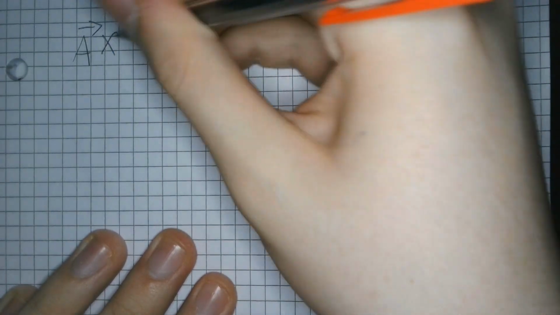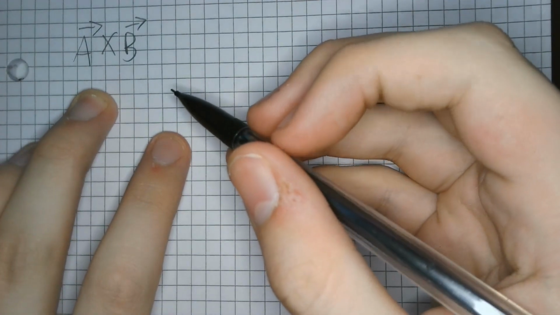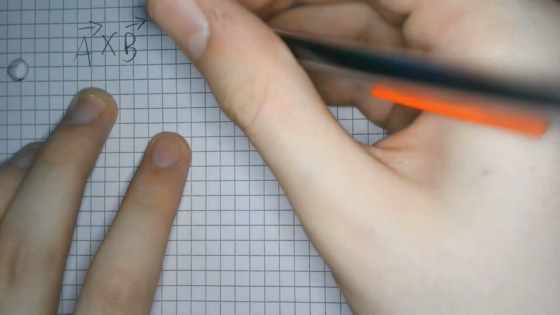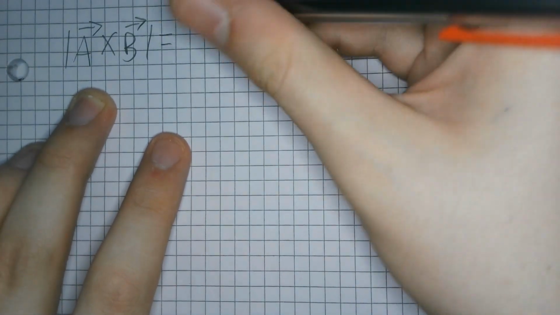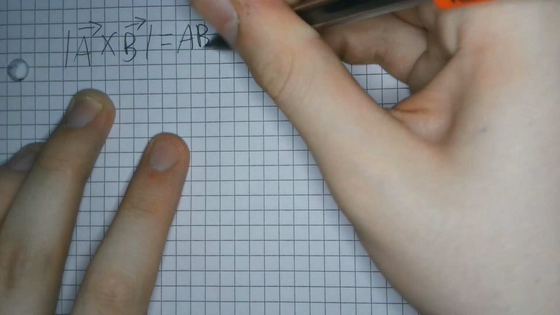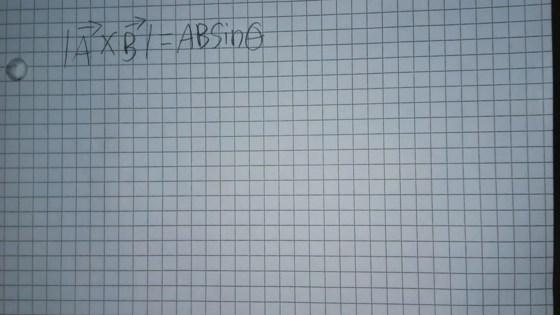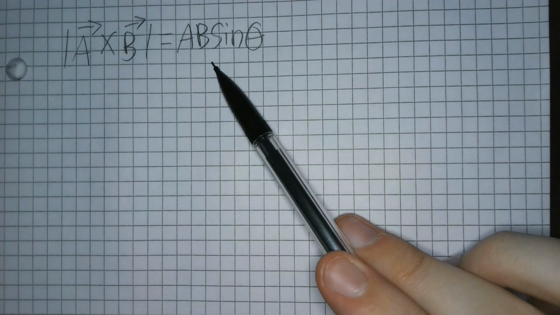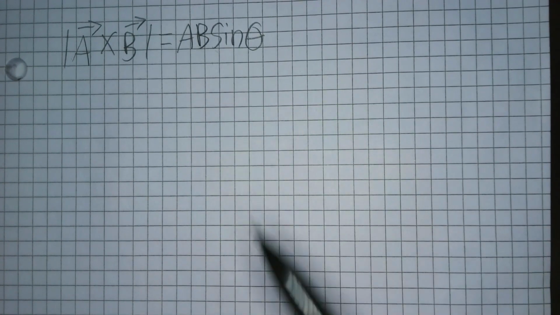Just a little reminder, A cross B, that's how we write our cross product, two vectors, and we'd say that the magnitude of this equals AB sine of theta, the angle between them. I want to show you a different way to calculate this, assuming that you don't know the magnitude of A and that you don't know the magnitude of B.